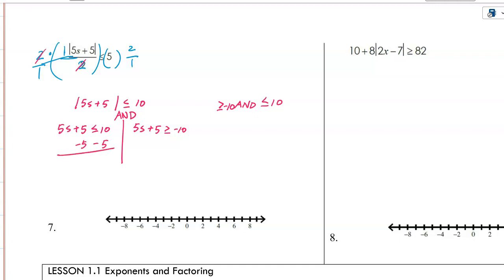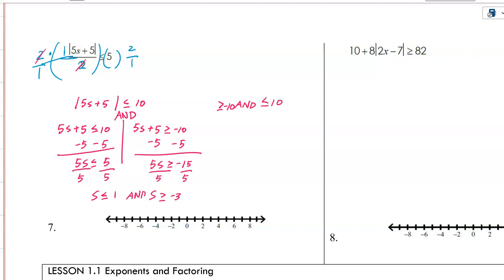Minus 5, minus 5. 5s is less than or equal to 5. Divide both sides by 5, you get s is less than or equal to 1. 5s is greater than or equal to -15, divide by 5, s is greater than or equal to -3.